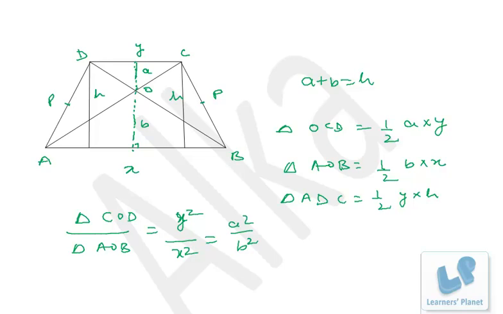Now we assume this to be k. Y square by x square is equal to a square by b square, which is equal to k. That is the ratio of the areas of these two triangles.